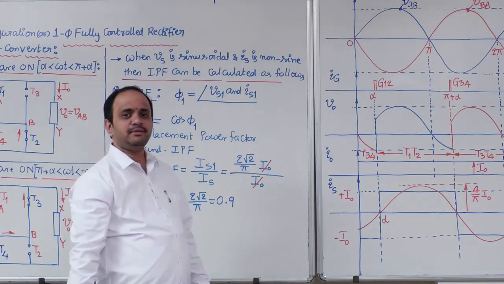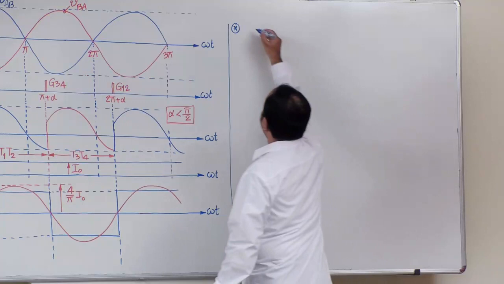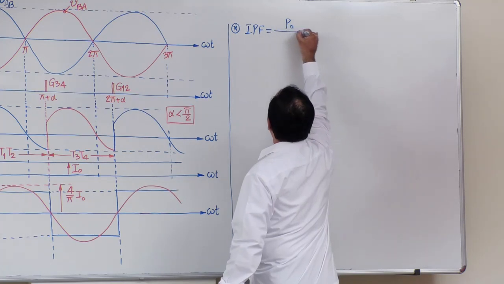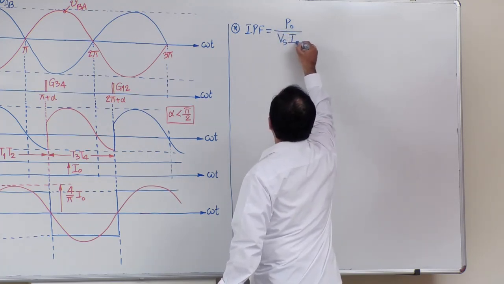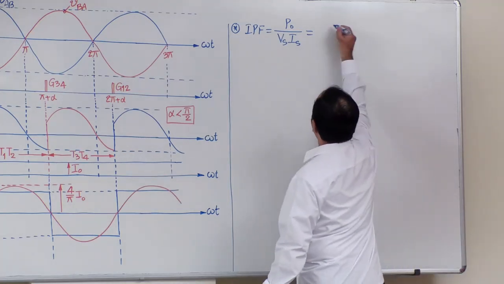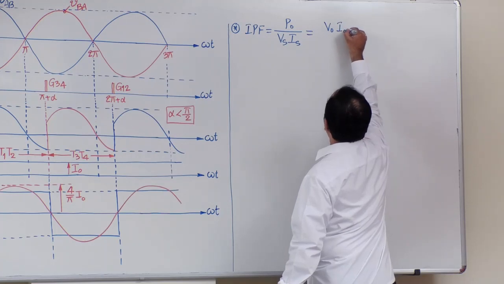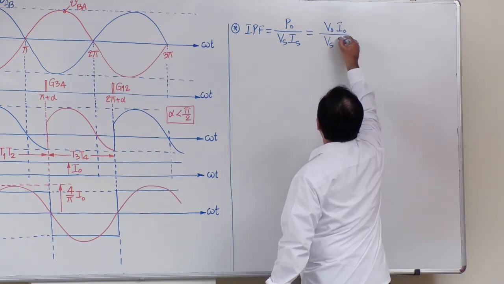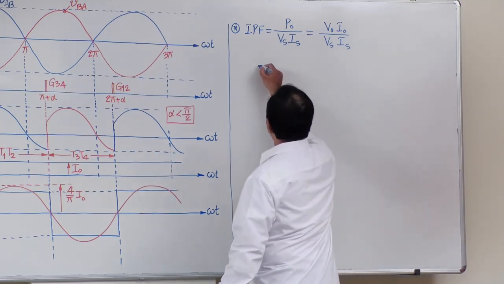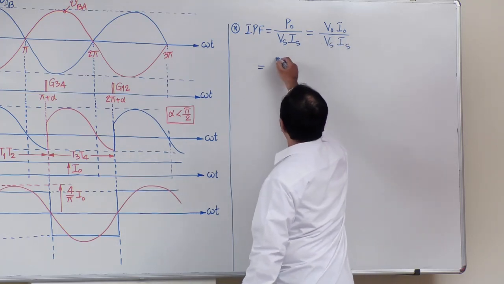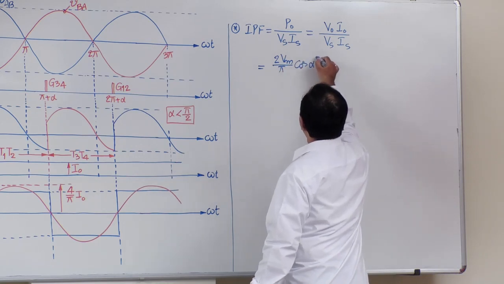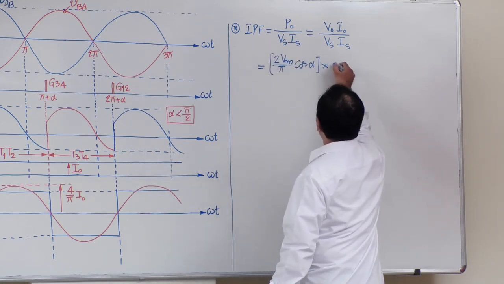Next. So by using this, we can define input power factor. What is the basic definition we discussed earlier? Input power factor is the power delivered to the load divided by source volt ampere. Okay. So what is P naught here? V naught multiplied with I naught, divided by Vs into Is, right? So substitute these values. What is V naught? 2 Vm by pi into cos alpha, multiplied with I naught.